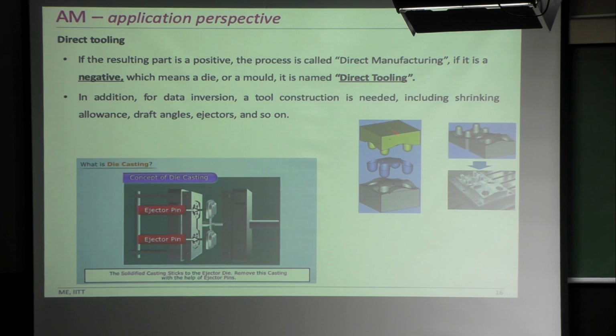For example, this is the set of the dies. Okay, this is the component to be manufactured, and these two dies are manufactured by the AM process. Depending upon the size of the component, we need to choose the suitable AM process. For example, here the die size is more, so we can manufacture this by using wire arc additive manufacturing.